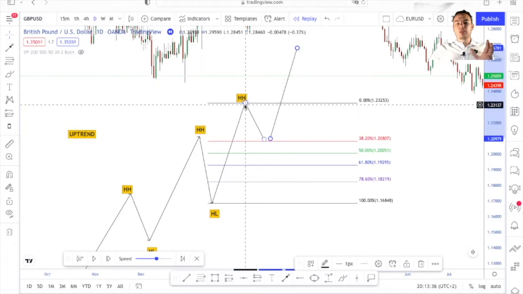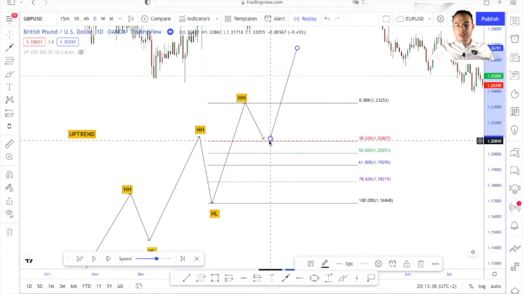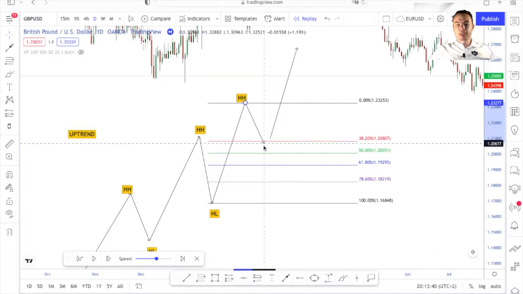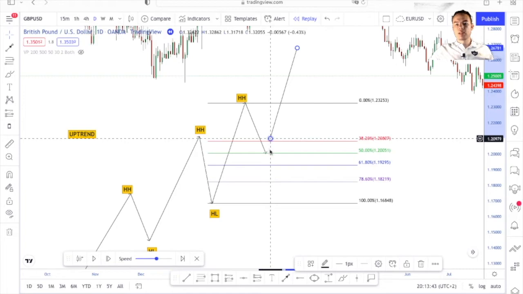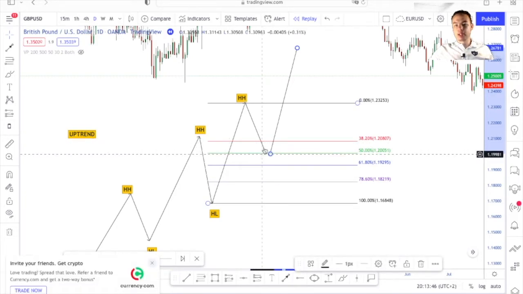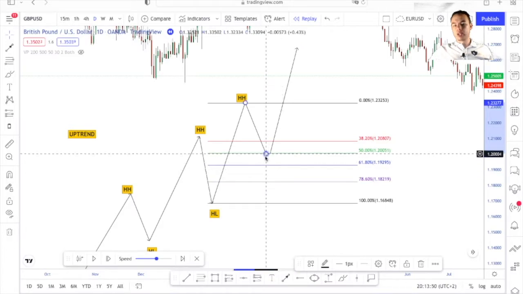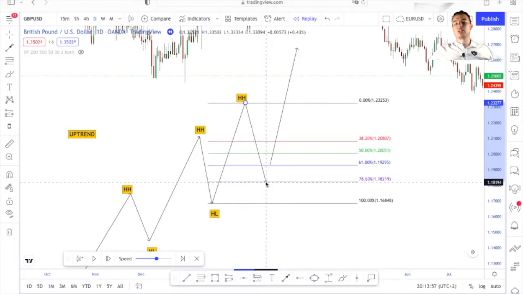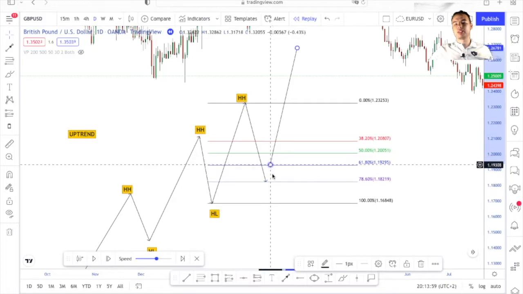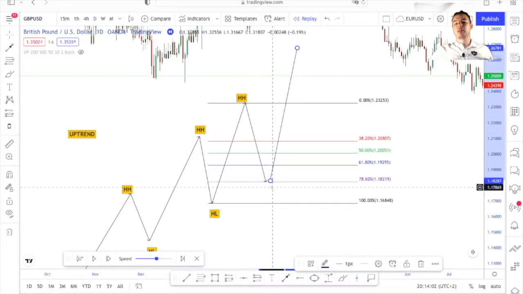So it can potentially do that, or can potentially go to the 50%, and then you can buy there if it rejects there, or it can go to the 61%, you can buy there, okay, or the 78.6%, and you can buy there.